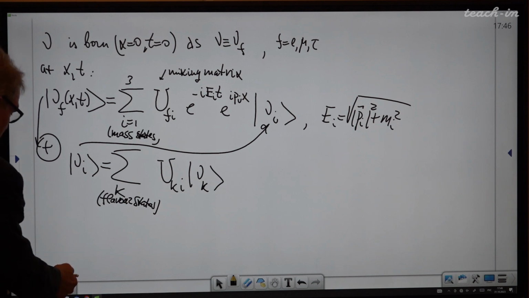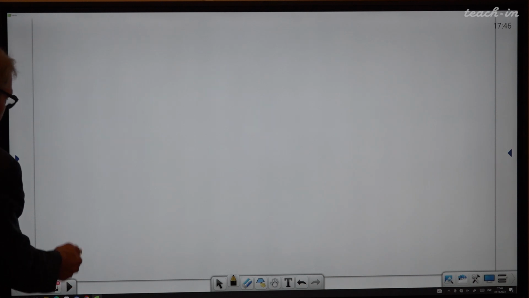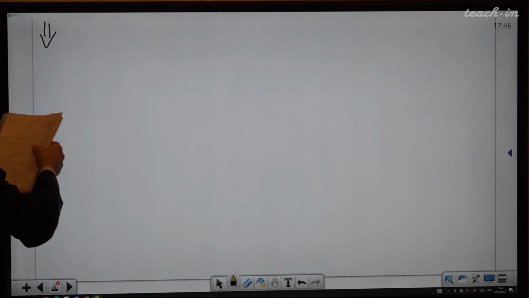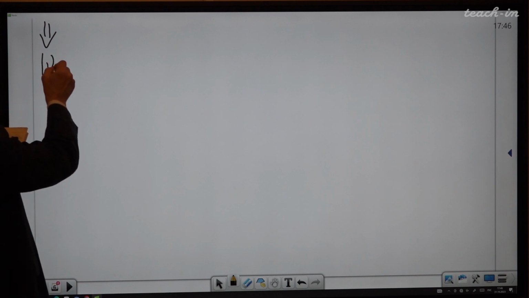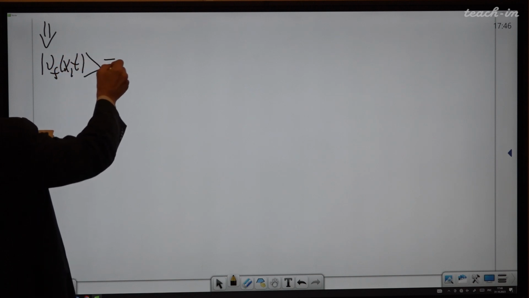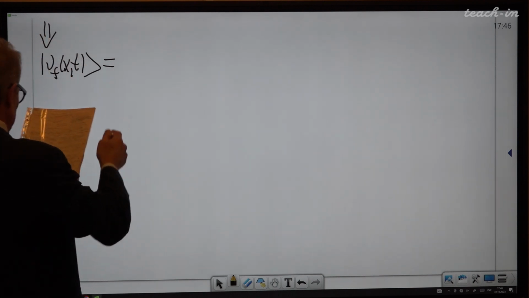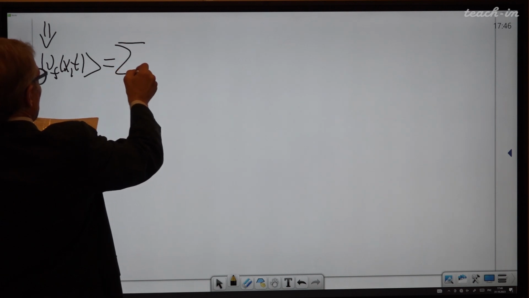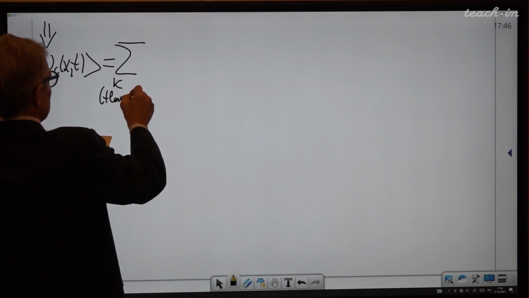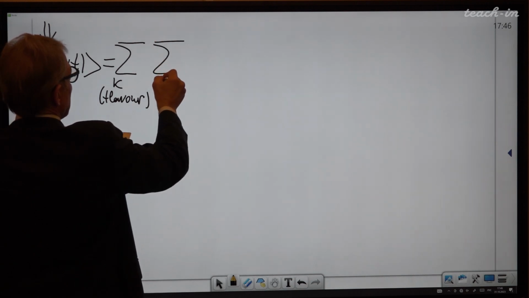As a result, we shall have the following: the flavor state in a particular space and time, x, t, will be expressed in terms of two sums. One sum over k, this is a flavor index. Then the sum over the mass index.